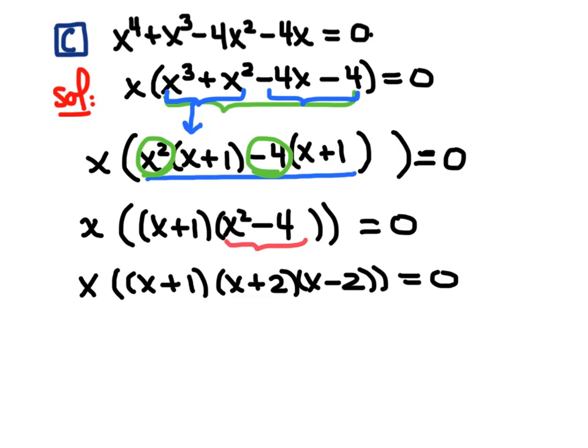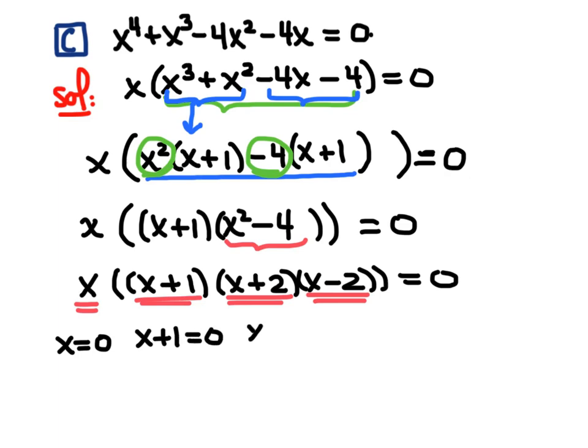Okay, so we have this big long list. This is fully factored, and we can apply the zero product property. Since the entire product equals 0, either x is 0, x plus 1 is 0, x plus 2 is 0, or x minus 2 is 0. And so we set all of those things equal to 0 to see what x value would give you that property.